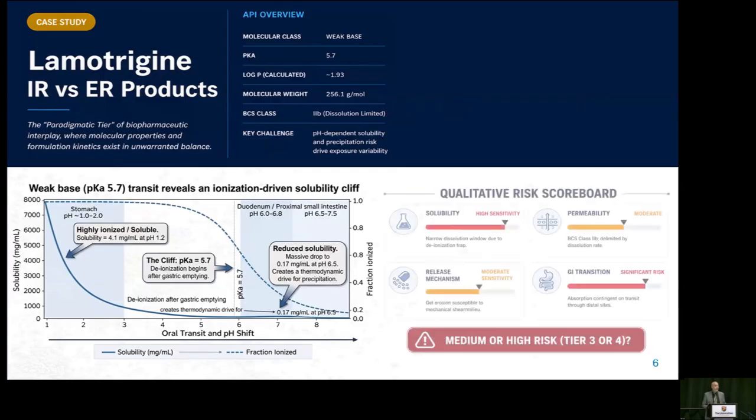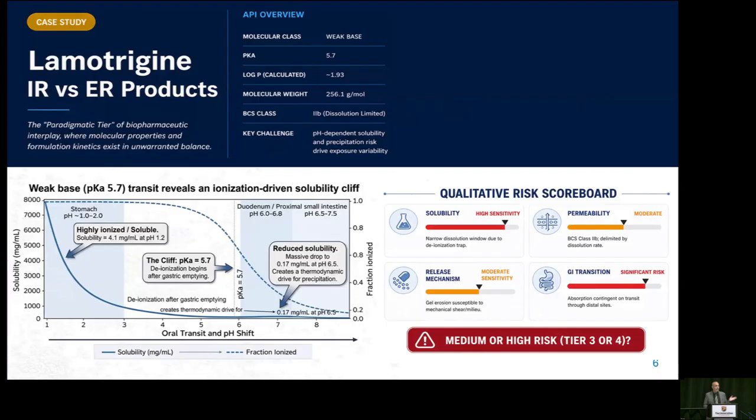So in order to quantify the risk, we can use a numbered rubric, where we give numbers to identify this risk. But for the sake of the slides today, I'm just going to use a qualitative scoreboard.